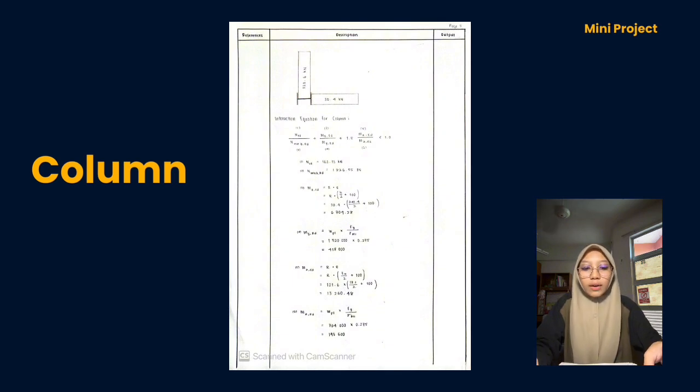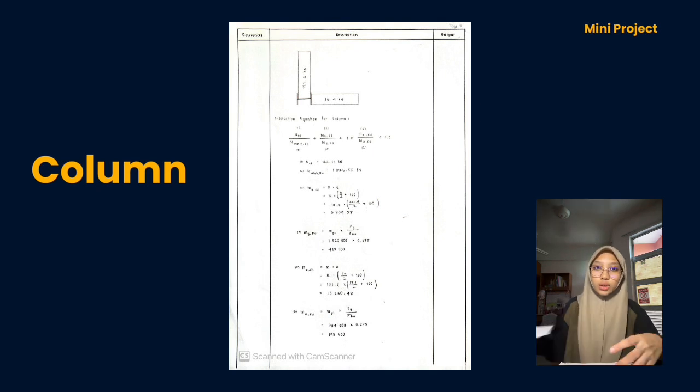For interaction equation for column, which is NEd over Nmin b Rd plus MyEd over MyRd plus 1.5 MzEd over MzRd is less than 1.0. For NEd, 162.13 kilonewton and Nmin Rd equal to 1,826.55 kilonewton, MyEd equal to 6709.28, MyRd equal to 418000, MzEd equal to 13260.48, and MzRd equal to 1936000.